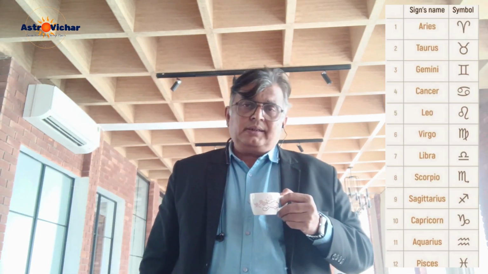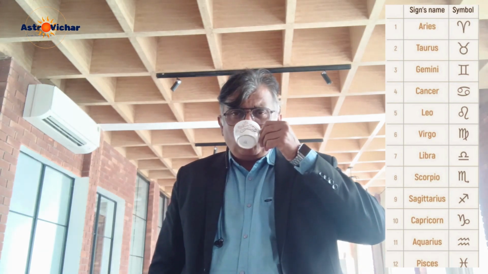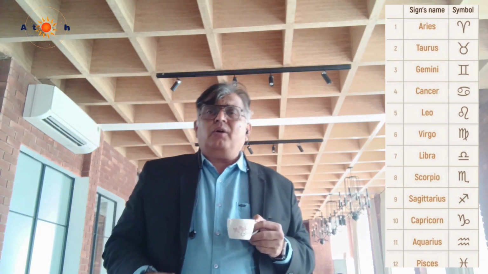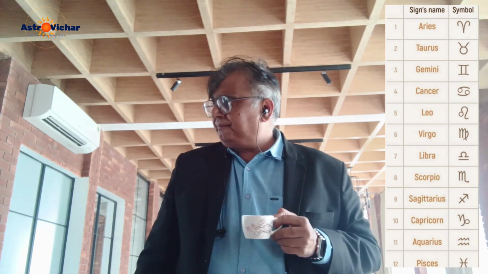Ascendant is a synonym of Lagna. So if you have the number 1 in the center top box of your horoscope, then you are Aries. If you have 2, it's Taurus. Likewise, 7 is Libra, 9 is Sagittarius, 12 is Pisces. Based on that, you can find out your ascendant sign or Lagna sign.